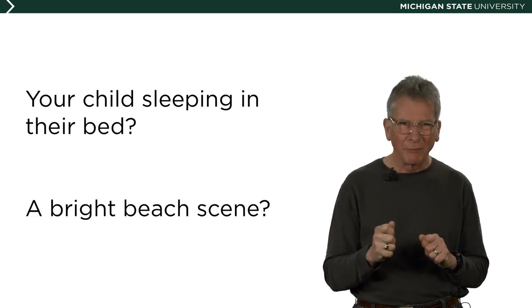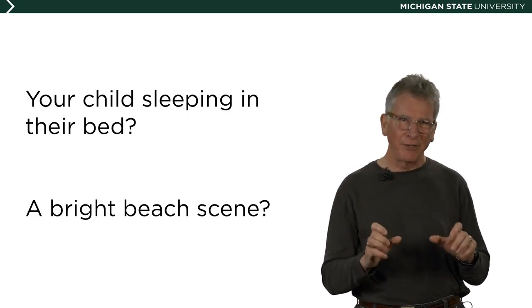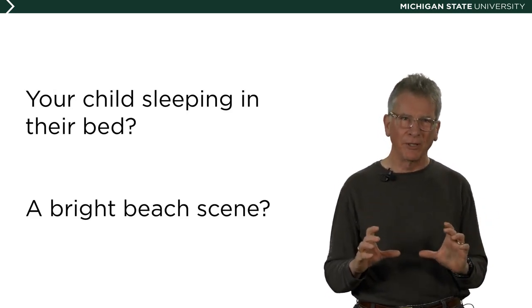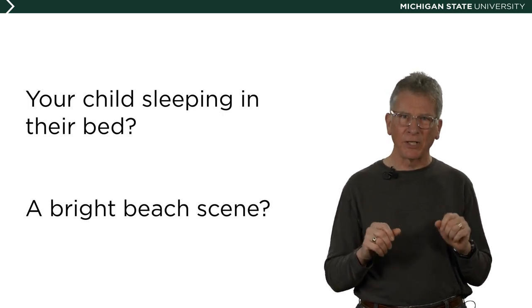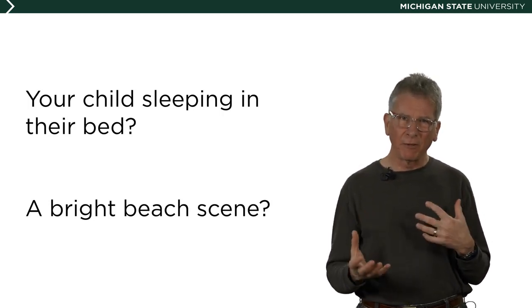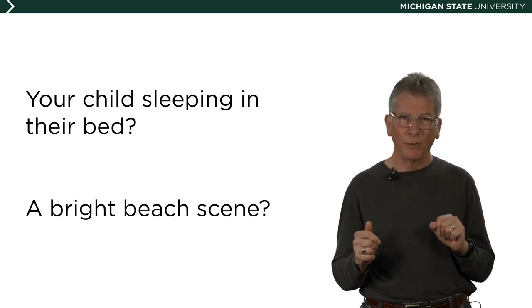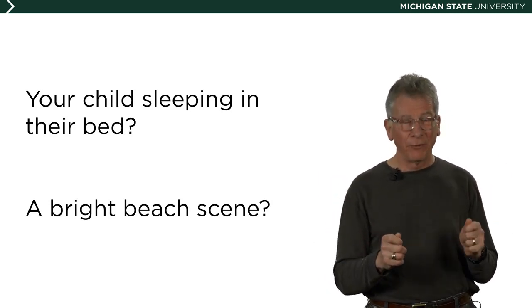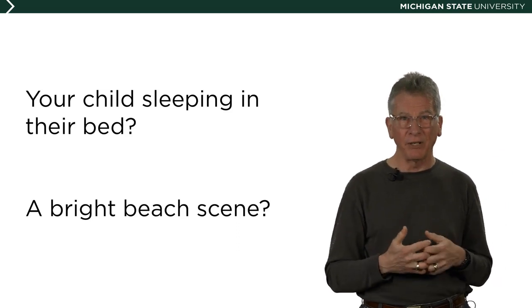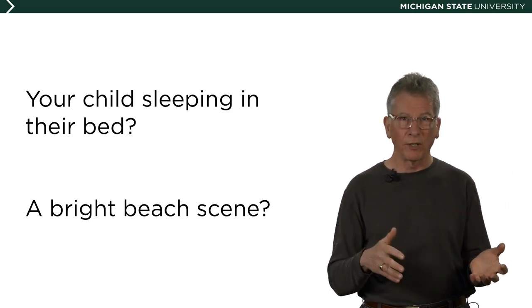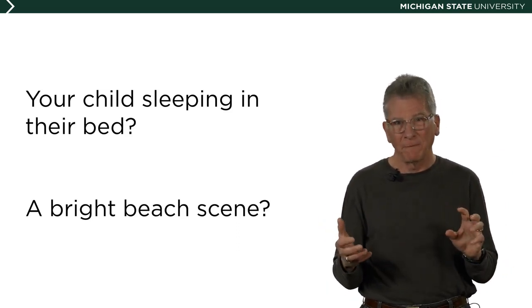Every parent has had this experience. Open the door, make sure the child is sleeping, and you see a scene that you just love to capture. In that instance, you'll need to be able to photograph in a very dark situation, unless you're going to flip the lights on and wake your child up. Another instance might be out on a bright beach scene, photographing the water, the boats, or maybe the family.